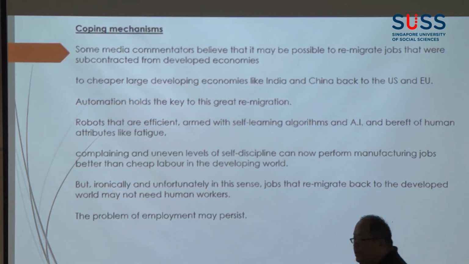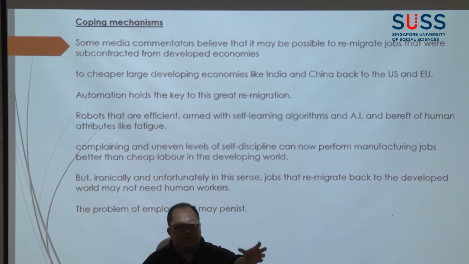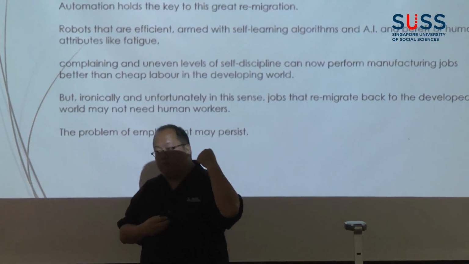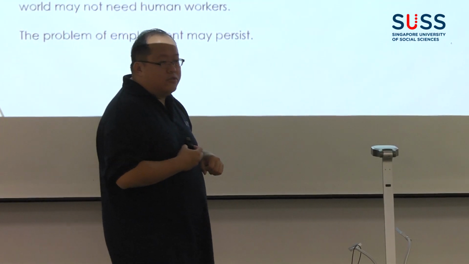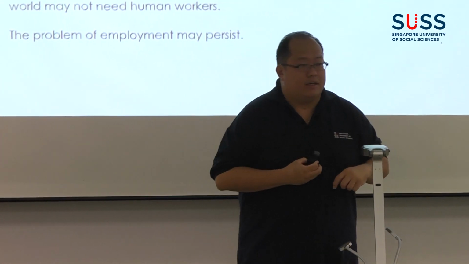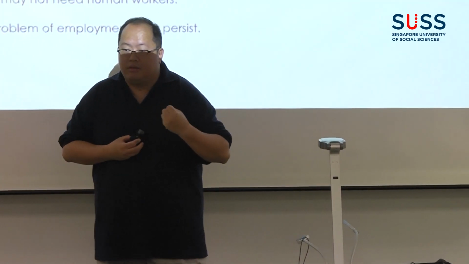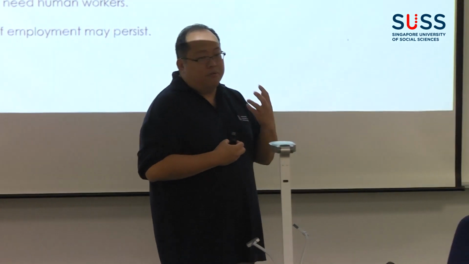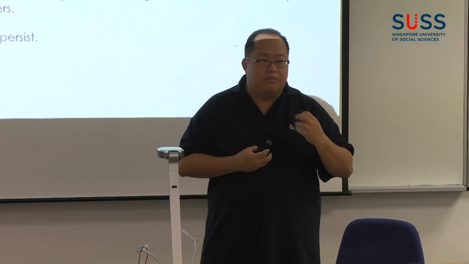There is also some thinking by developed economies that it is possible to attract jobs back to their countries, especially from affordable, low-cost labor countries like India and China. Once these jobs migrate back to the advanced economies, they will be performed by robots. Robots can be even more efficient, and work harder and longer than cheap labor in developing states.